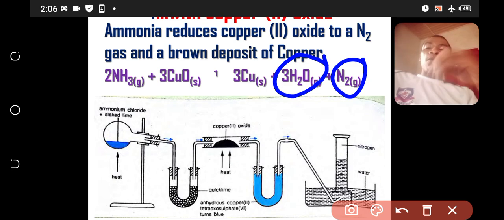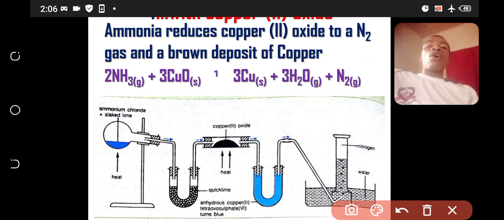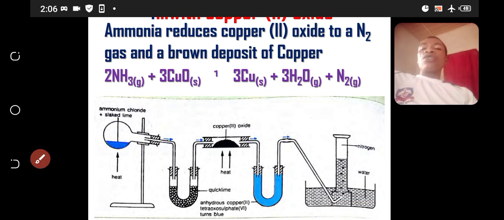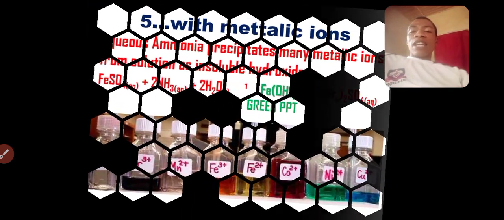It turns from white to blue if water is introduced into it. So nitrogen will just pass through undeterred and be collected over water. This is how ammonia gas reacts with copper(II) oxide. This reaction shows that ammonia gas is a reducing agent. It reduces copper(II) oxide into ordinary nitrogen gas.